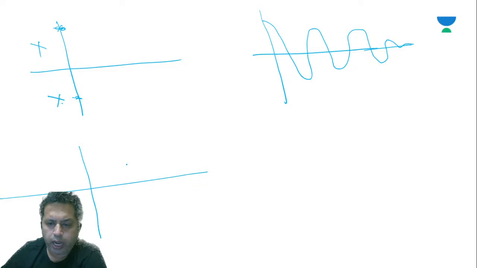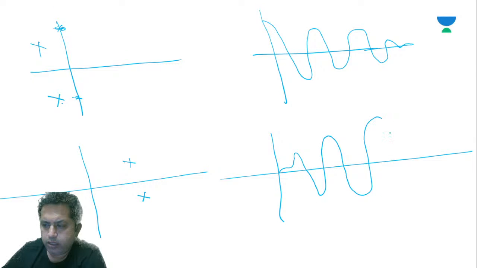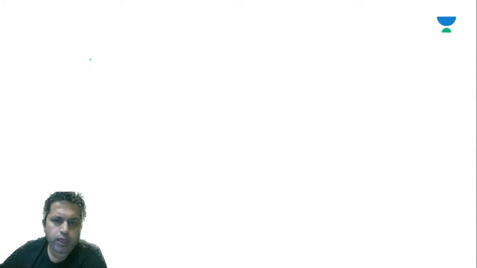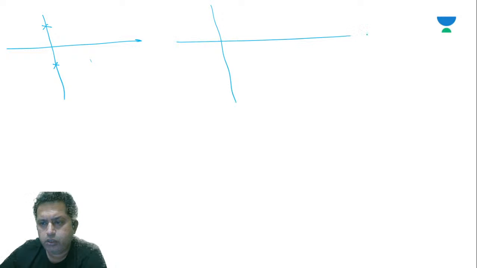Poles on the right half of the S-plane, complex conjugate. The system is unstable, so this is a rising sinusoid. Let us say it is a marginally stable system. Complex conjugate poles on the imaginary axis, so it is a constant sinusoid.